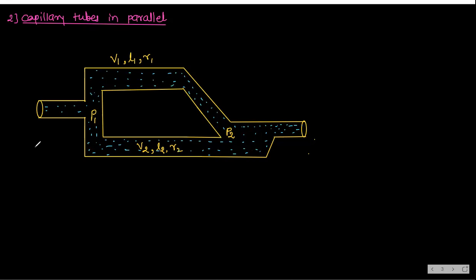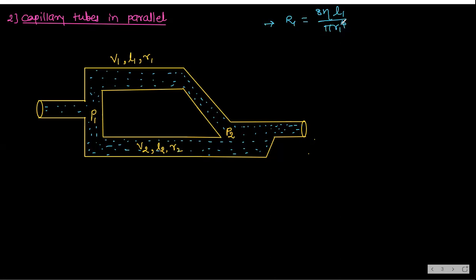Like this. You see here, these two tubes are parallel to one another. And in this case, we are going to see now resistance and all. Now here, this R1 is equal to 8 eta L1 divided by pi R1 power 4.